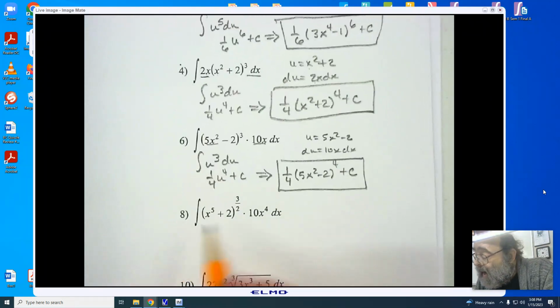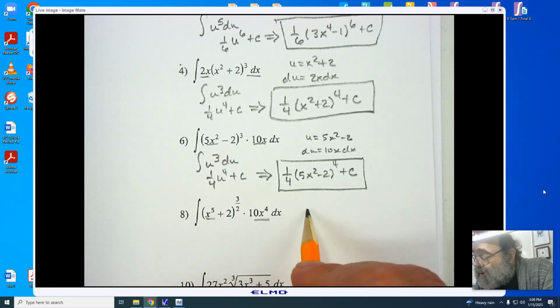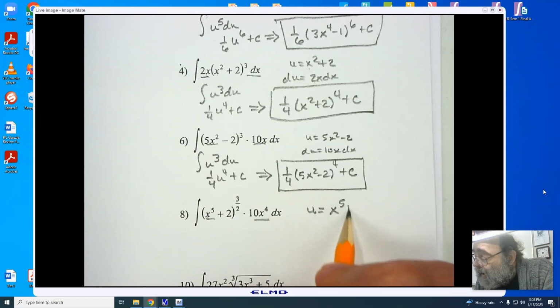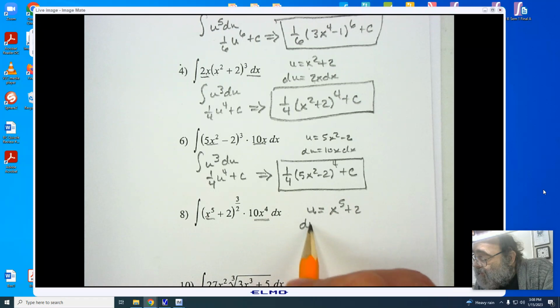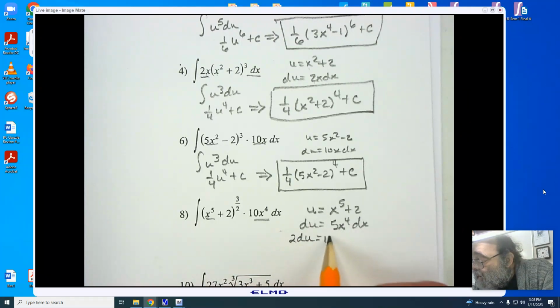Now as we go to number 8, x to the fifth, x to the fourth, don't let yourself get flustered. Just simply do what you have been doing. Take your derivative, 5x to the fourth power dx, and notice they're not the same. But if I multiply both sides by 2, they're now going to be equivalent.